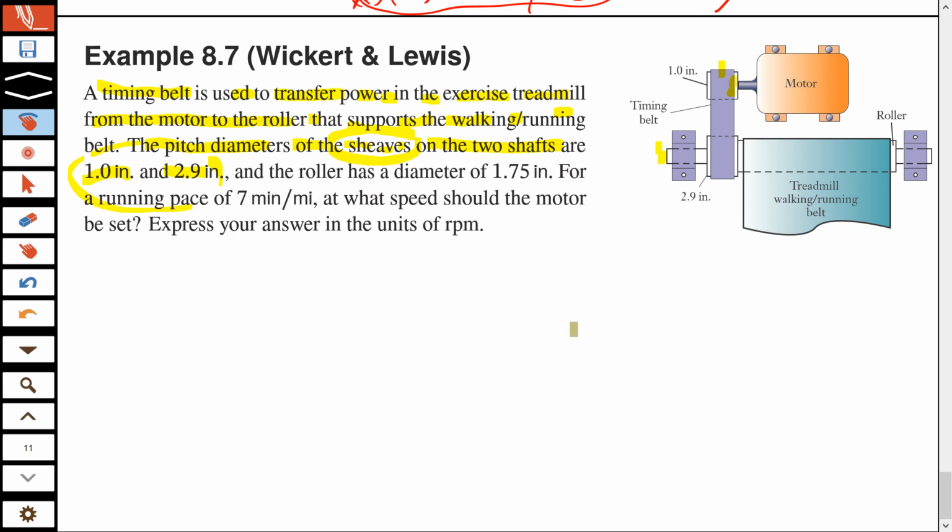Only their linear velocities needs to match. They need to match. And the roller has a diameter of 1.75 inch. Roller का अपना जो diameter है वो 7.5 inch है, ठीक है. So three different diameters. Diameter of this shaft. Diameter of this pulley, diameter of this pulley, and diameter of that pulley.